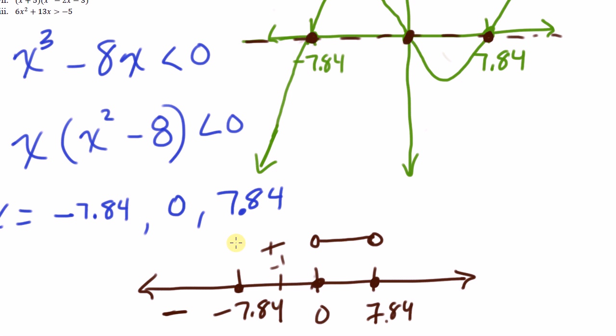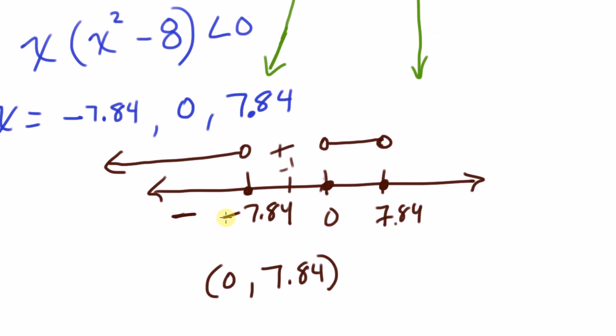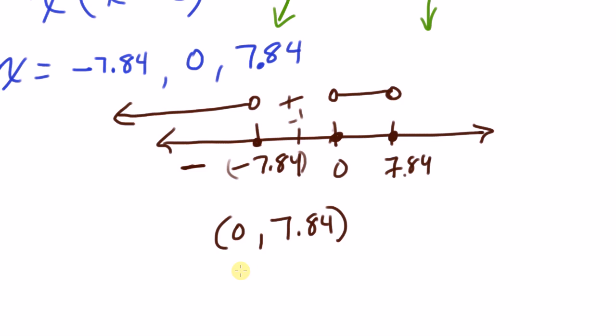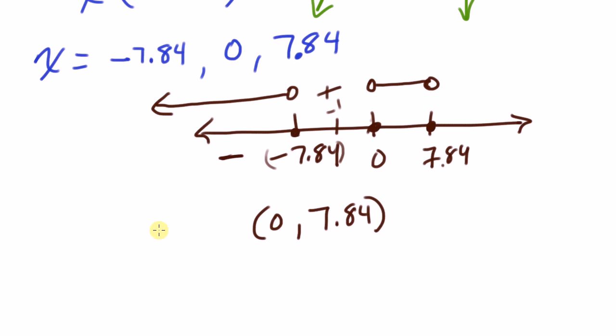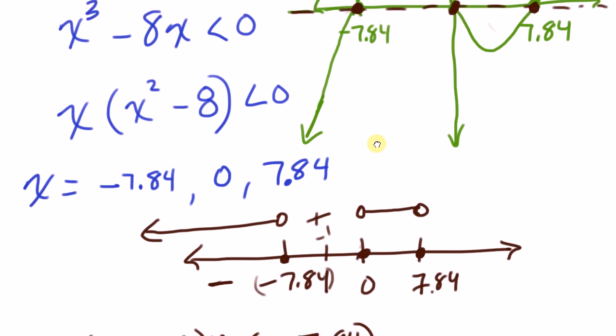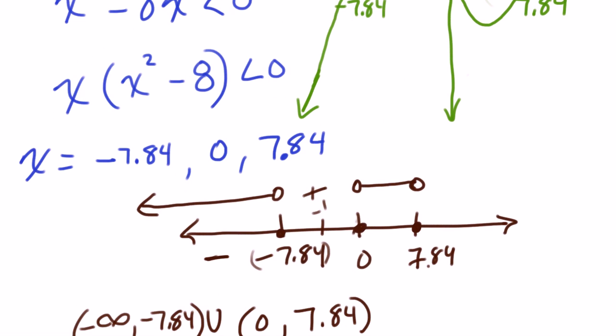So from negative infinity to this value, negative 7.84, it's going to be less than 0 also. So we have from negative infinity to negative 7.84 union. Yeah, I'm sorry about that. But glad I caught it, because I hate trying to edit these things.